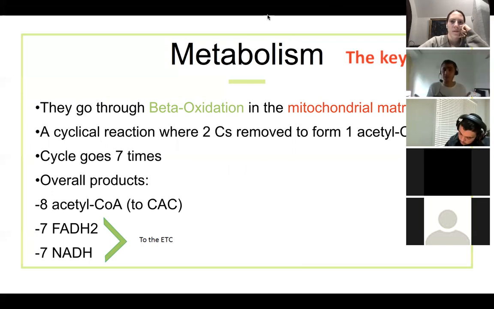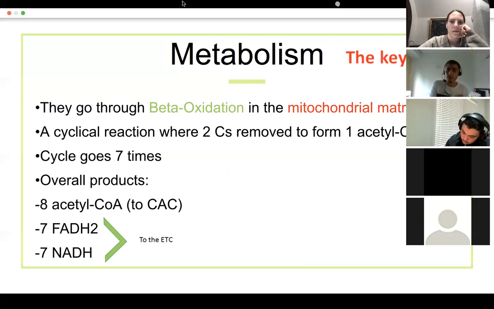So overall, the products you make are 8 acetyl-CoA, which then go to the citric acid cycle, and 7 FADH2 and 7 NADH, which go to the electron transport chain. That's why fats can make so much more energy than carbohydrates, which only turn into a limited amount of acetyl-CoA, which then becomes these FADH2s and NADHs. Whereas by themselves, lipids produce that much. So that's why it's a greater energy source.